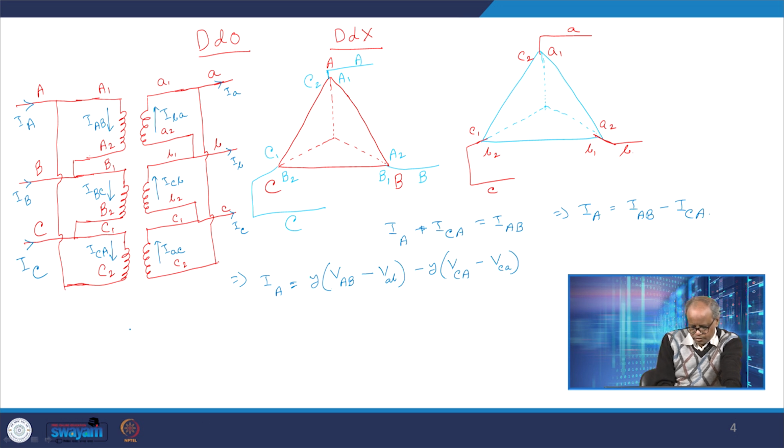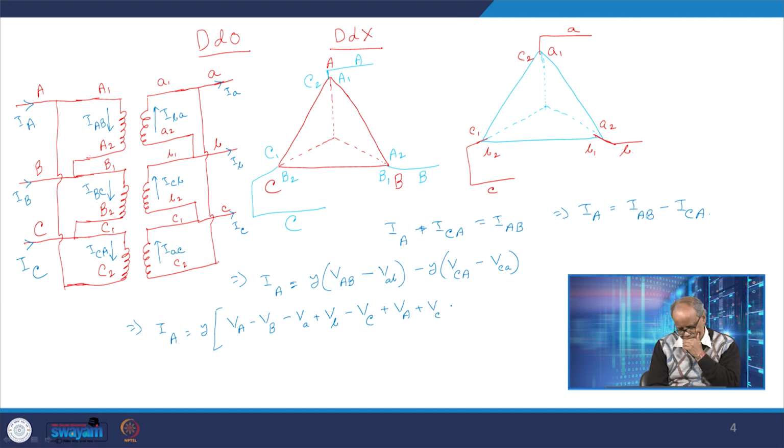So therefore IA is equal to Y into VA minus VB minus VA plus VB minus VC plus VA plus VC, Va plus Vb minus Vc plus Va minus Vc minus Va.